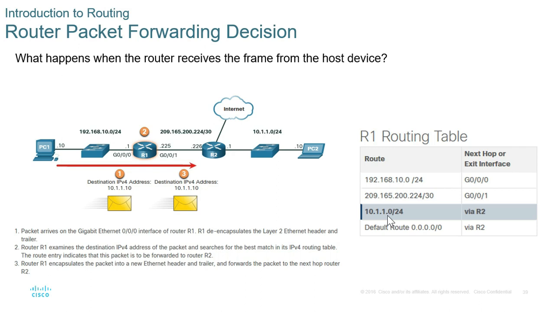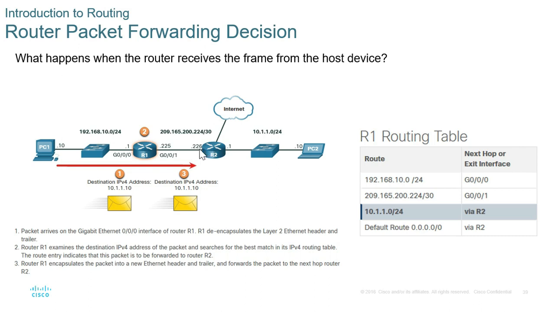Okay, daripada 10.1.1.10 ni, the destination network address adalah 10.1.1.0. Okay, referring to the routing table, it will have a next hop. Okay, so next hop dia adalah router 2.